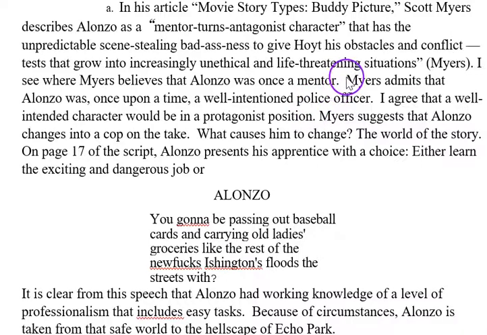Okay, you're right. It's this sentence, Myers, because I'm saying what Myers believes, and then I'm saying that Myers is wrong. Well, that he just didn't take it far enough in his analysis.